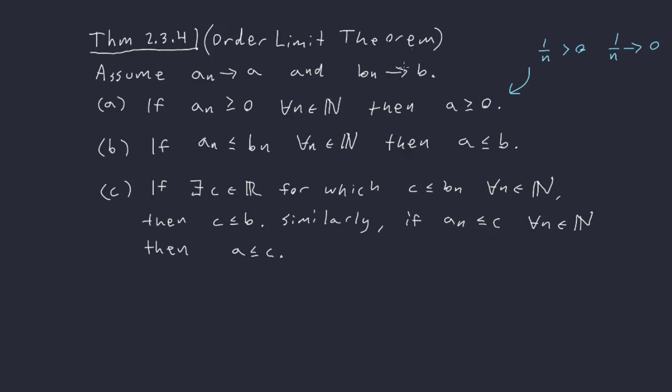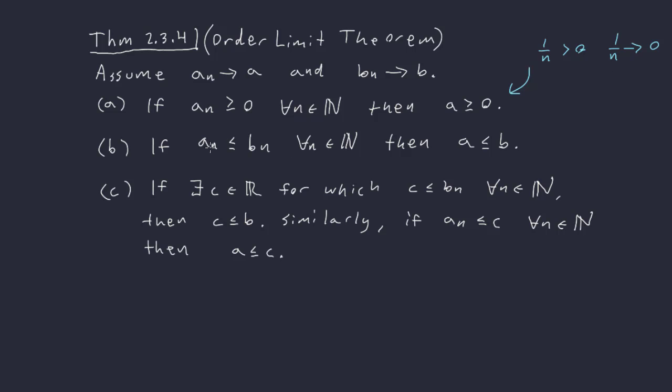Okay, but this scenario still satisfies this because every a_n here would be greater than or equal to 0. It just happens to be greater than, and the limit A is 0. So what this is saying is that you can't have a situation like this and then suddenly your limit is like -1.